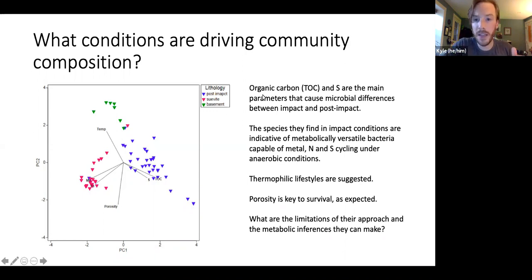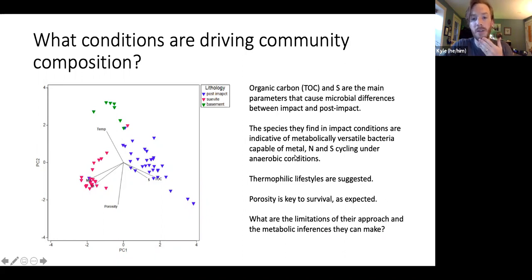And what they found is that organic carbon and sulfur are the main parameters that are causing microbial differences between impact and post-impact, which sort of makes sense considering that we saw that stark shift in that plot going from surface to depth of organic carbon.